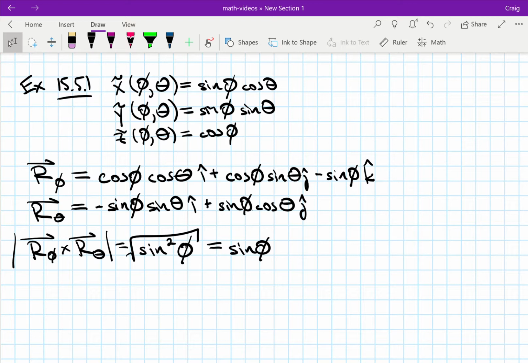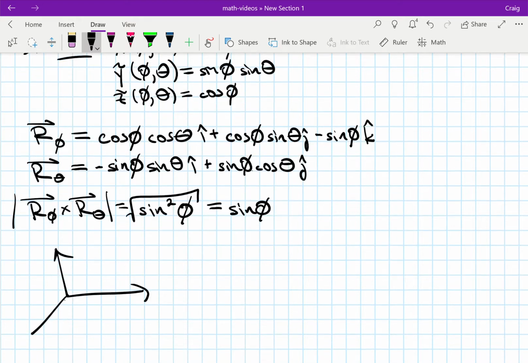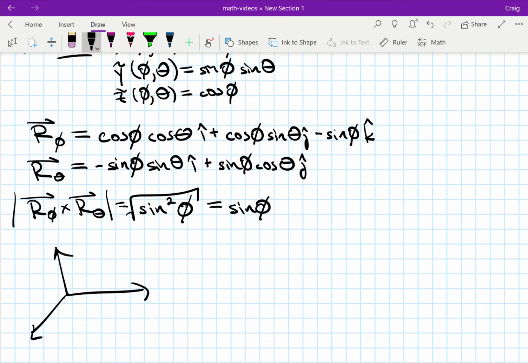We know that the surface area of the unit sphere is 4 pi, so the answer better be pi over 2. But let me just sketch. We're interested just in 1 quadrant of the northern hemisphere.